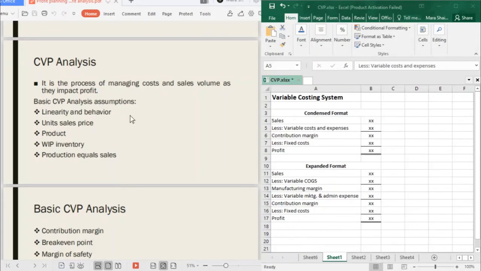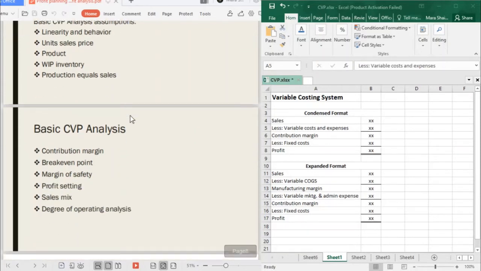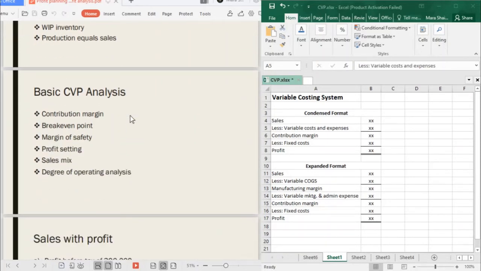So, what are the areas or the topics covered by the basic CVP analysis? We have the computation of the contribution margin, computation of your break-even point, margin of safety, profit setting, and the sales mix. So, let's start with the contribution margin.